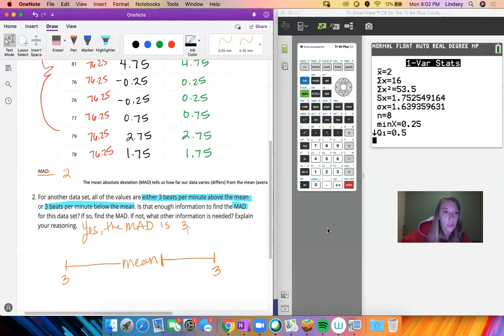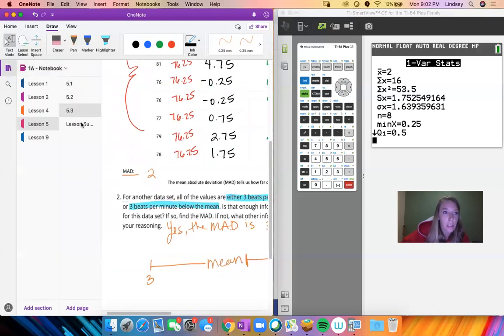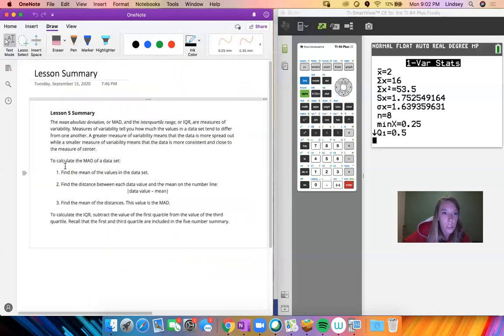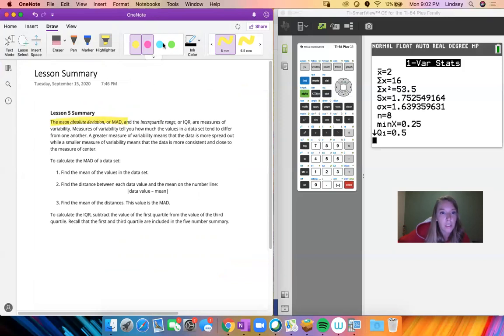Okay, so we're done with lesson 3. Let's look at the lesson summary. Okay, it's very short. So we talked about the mean absolute deviation, or the MAD. We also talked about the interquartile range, or the IQR. Both of them are measures of variability. Measures of variability tell you how much the values in a data set tend to differ from one another.